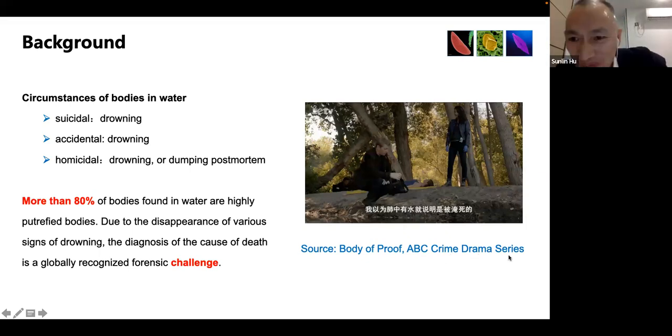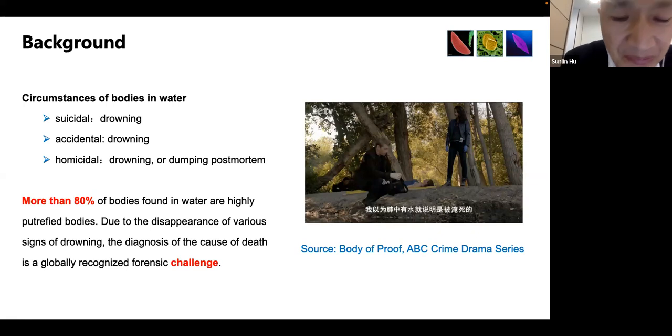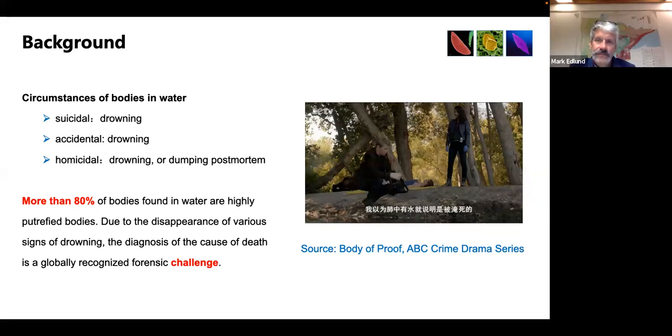Actually, in China, more and more forensic scientists are being requested to go to the court to present evidence.